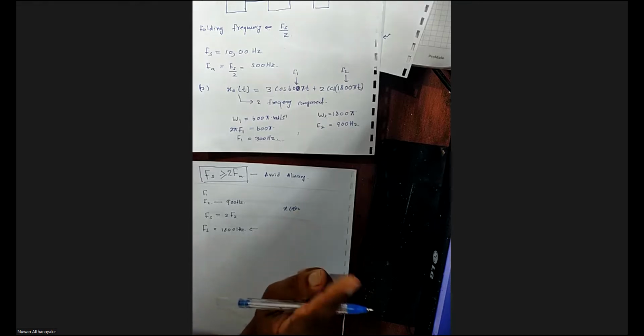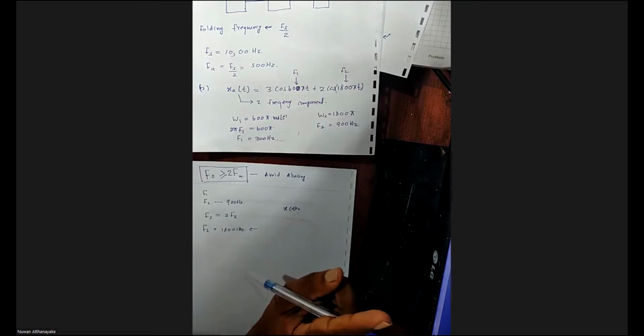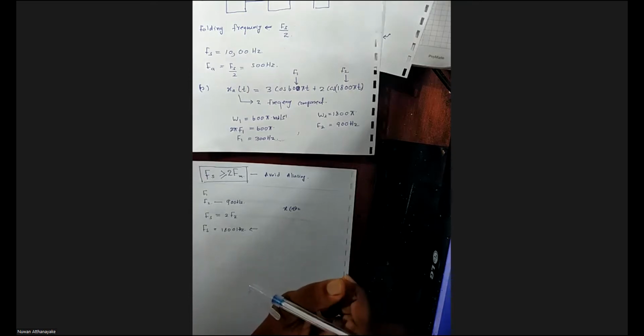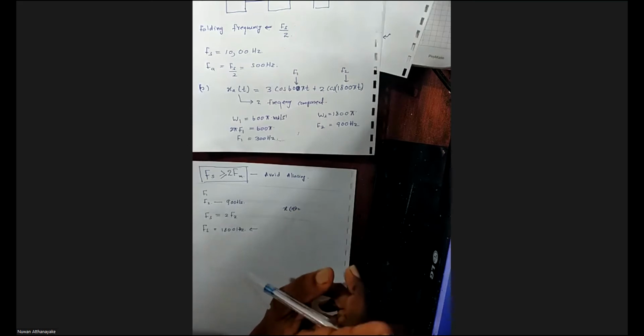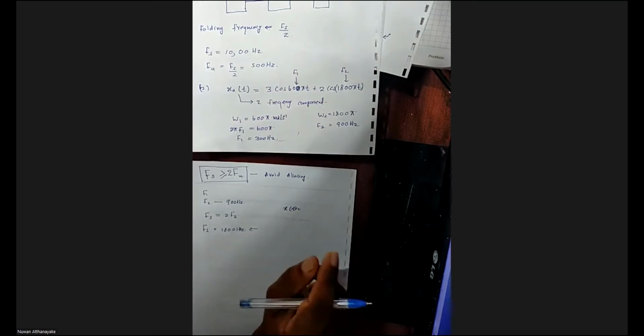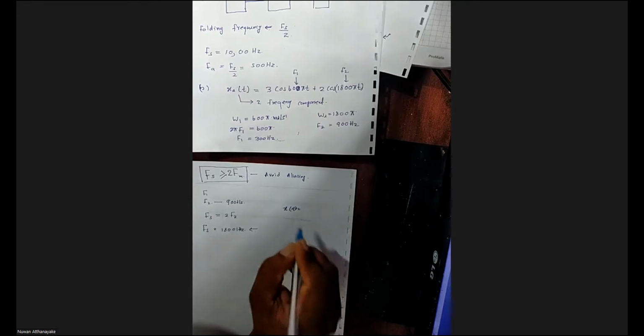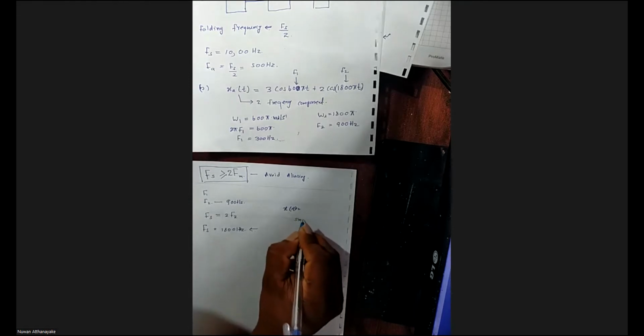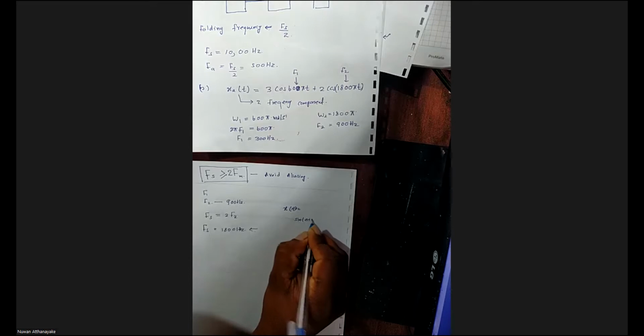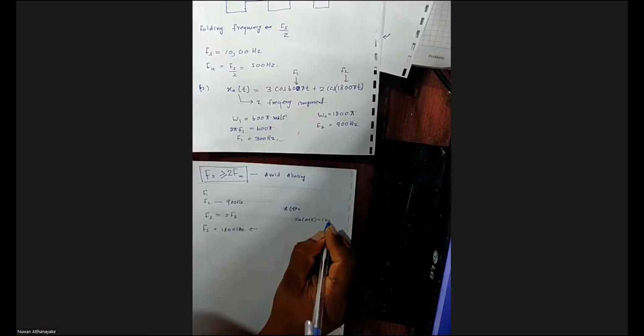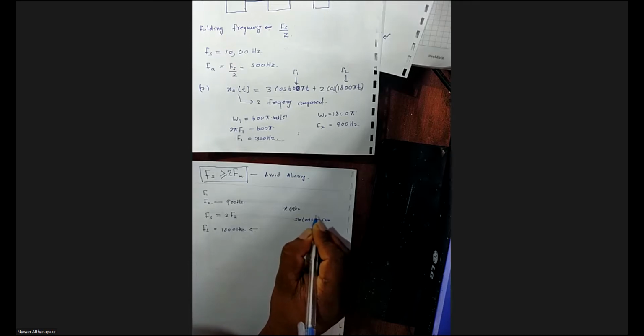That sine signal you can convert again into a cos signal using a phase shift. If you add the phase shift, it will be a sine signal. For example, if you get sin(θ + π/2), again it will be a cos θ. So you can add a phase shift and convert.